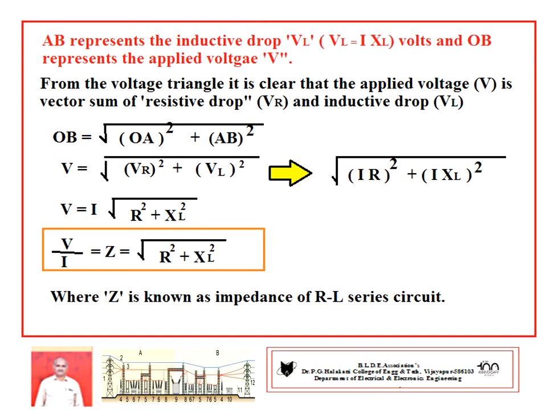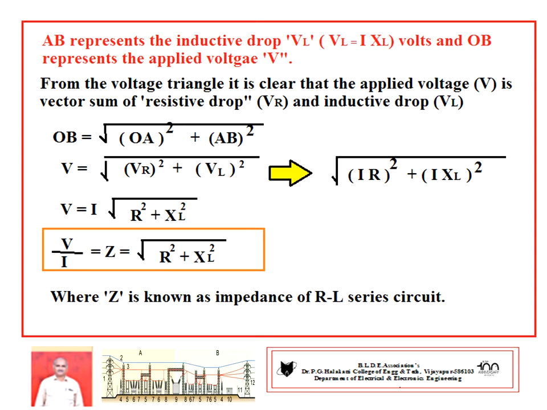OA is VR, the voltage drop across the resistance. AB is VL, the voltage drop across the inductance L. Replacing in terms of current, VR equals I into R and VL equals I into XL. Next, take I as the common factor: I times the square root of R squared plus XL squared.